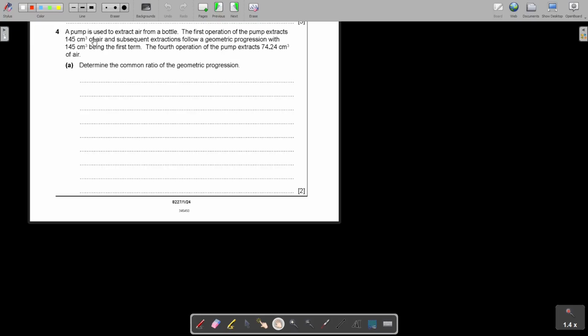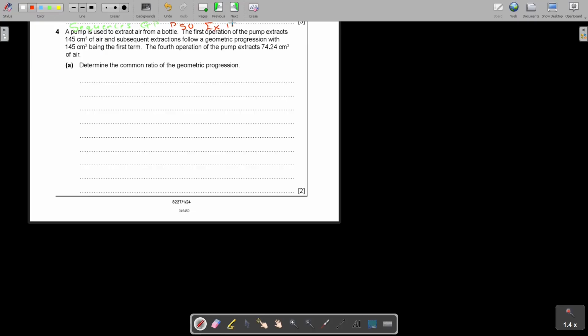Determine the common ratio of the geometric progression. What is this? This will be sequences, and it's a GP, and you can look on page 50, example 11, in the y equals mx plus c mathematics textbook. That will help you.